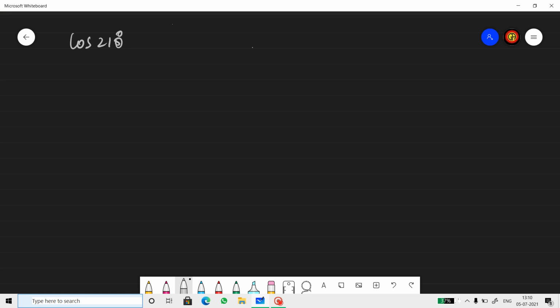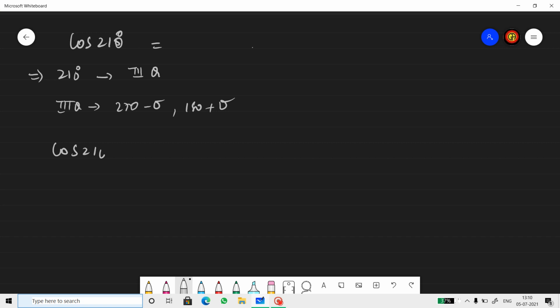So cos 210 degree. 210 degree lies in which quadrant? It's above 180, below 270, isn't it? So that means it lies in the third quadrant. Third quadrant, what are the angles we have? Third quadrant, we can express them as 270 minus theta or 180 plus theta. Okay.